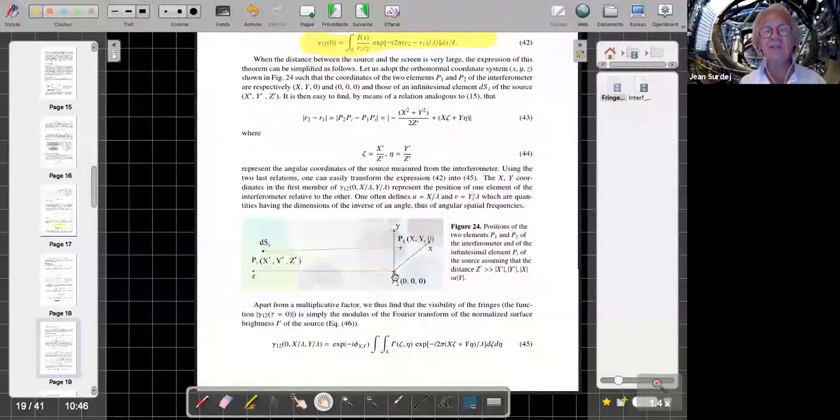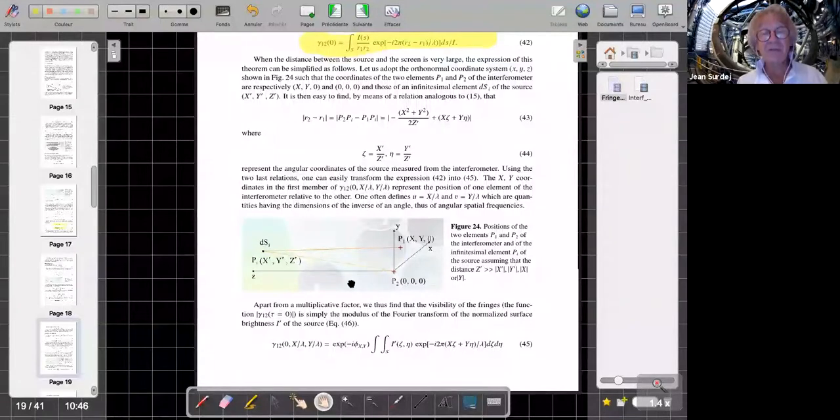This is a very good approximation, because when you have a very compact source, it may have the size of a star. The largest distances we've seen are probably less than 1 kilometer, compared to many, many light years, very often hundreds or thousands or even more light years between the source and the screen.